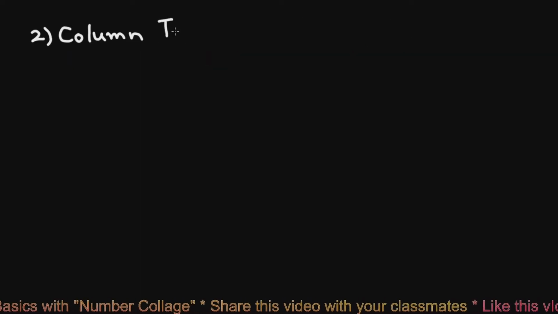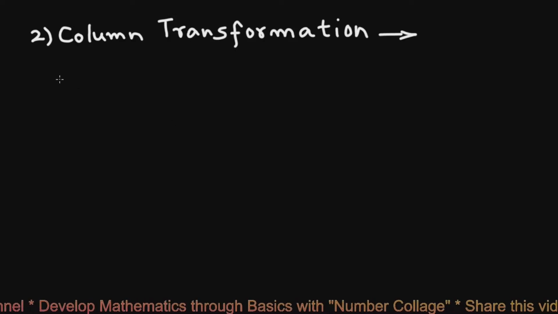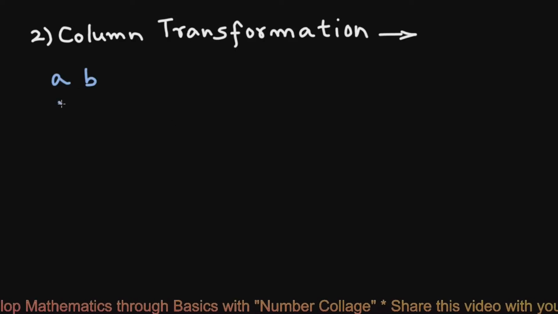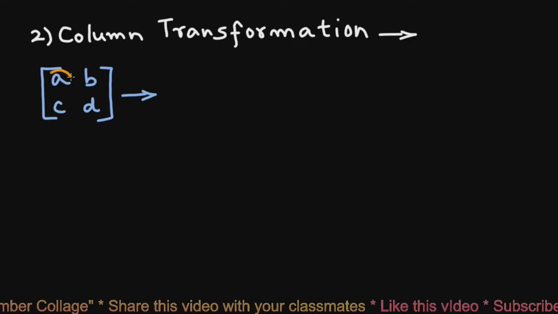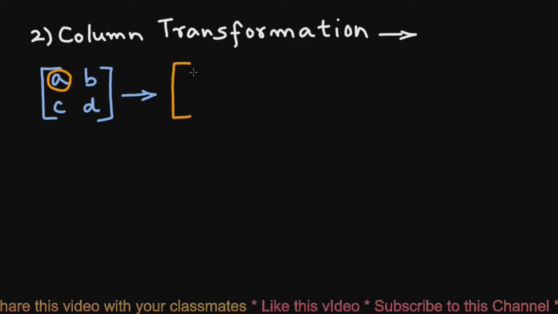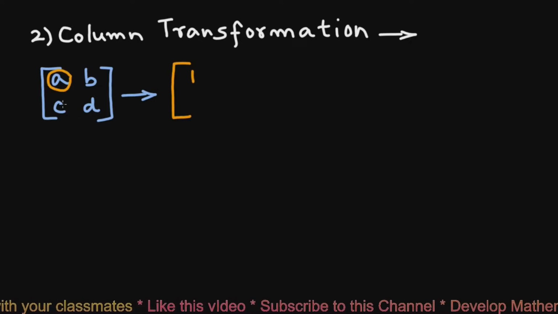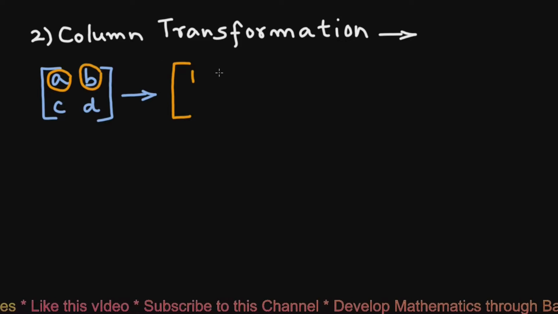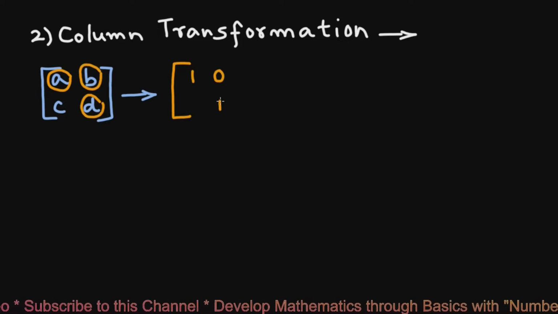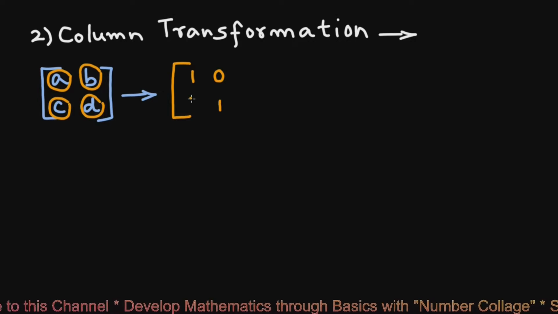In column transformation of a 2 by 2 matrix A, B, C, D, as usual, this first element A is made 1, then instead of C, B is made 0, then D 1, and finally C 0.